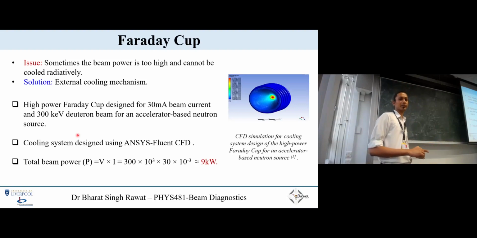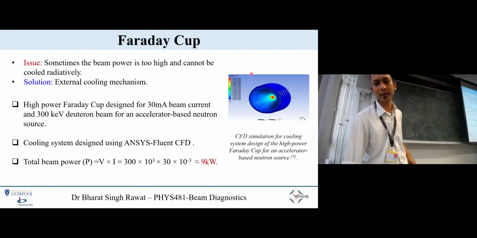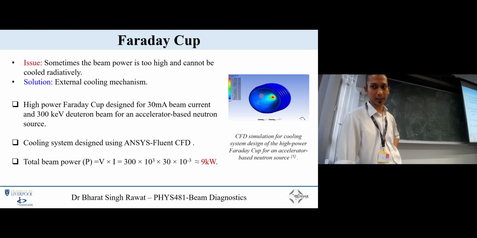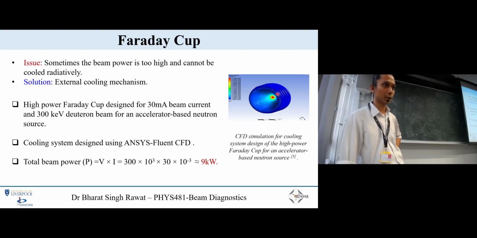So what you need is a cooling mechanism. What I did in this case, using CFD simulation in ANSYS, was design a cooling jacket around it. It's a cooling tube made from copper, and then using different flow rates of water inside these pipes, you can see how much temperature rise occurs at the place where the beam interacts with the Faraday cup.